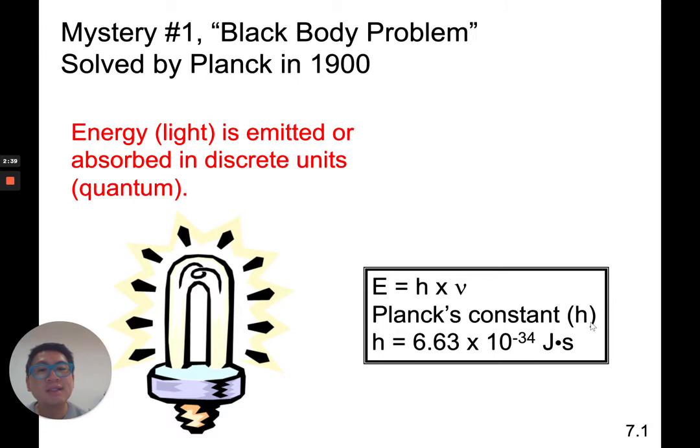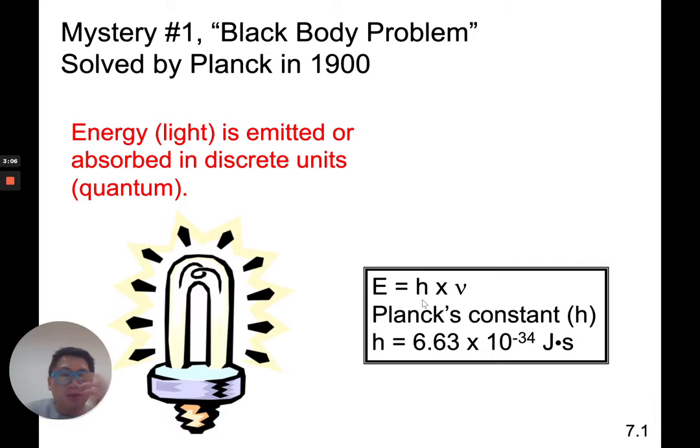That constant is called Planck's constant. The symbol is h. H is 6.63 times 10 to the minus 34 joule seconds. Since this is just a constant, the higher the frequency, the higher the energy. The lower the frequency, the lower the energy, because h doesn't change.